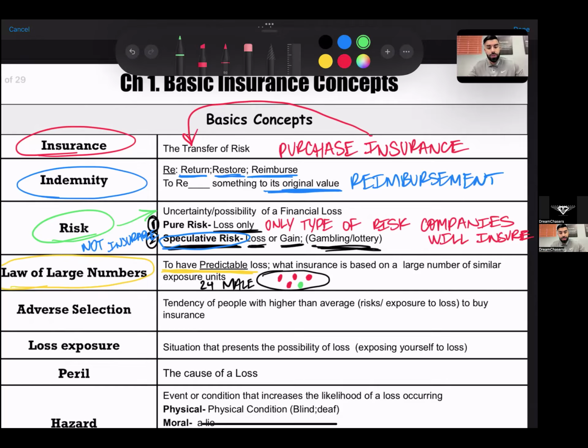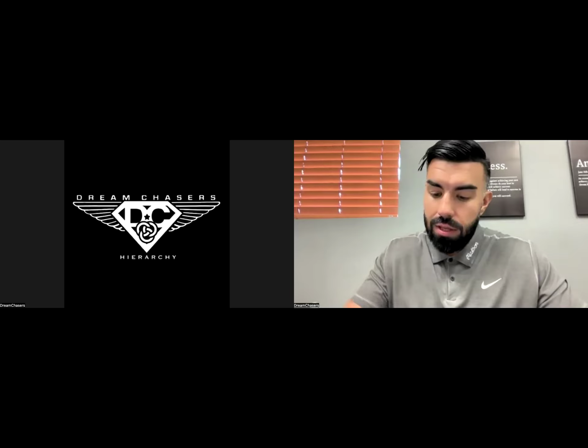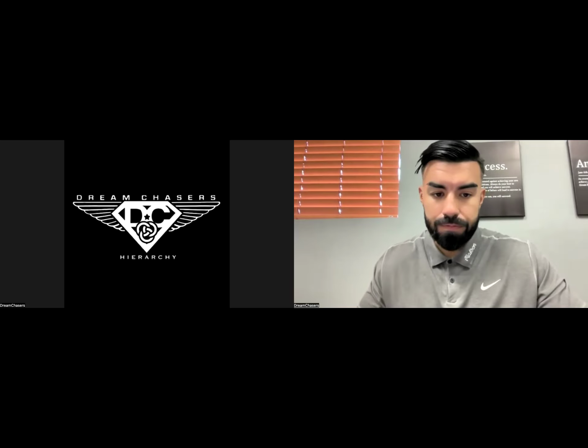That means that four out of five 24-year-old males are unhealthy, which would not be an accurate prediction. So what the law of large numbers states is that they just want to look at a bigger number. For example, they want to look at 100,000 24-year-old males because from those 100,000, they'll see.